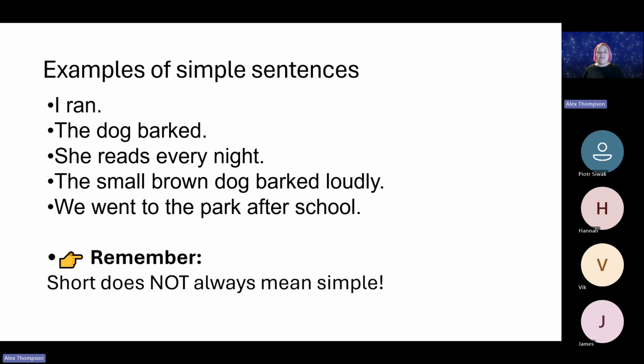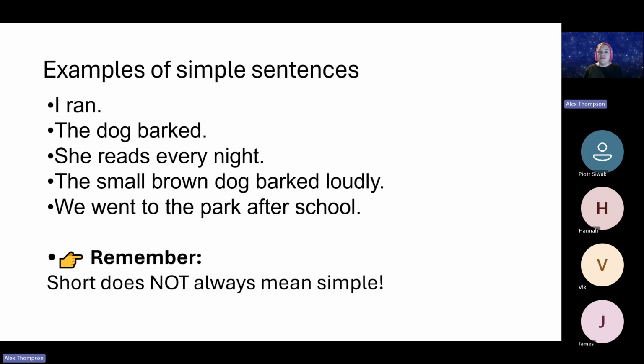Now, if I show you some other examples of simple sentences, I've started the examples with some very short ones. So that first sentence, I ran, is only 2 words, but it's as much of a simple sentence as the last example. We went to the park after school, which is 7 words.